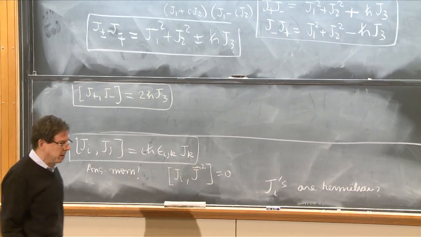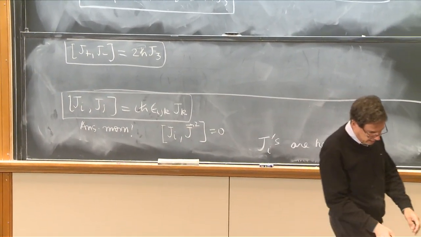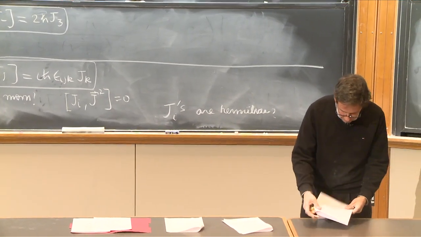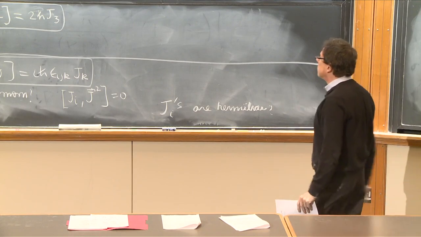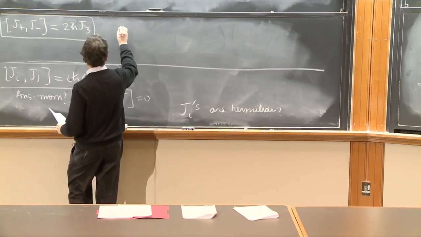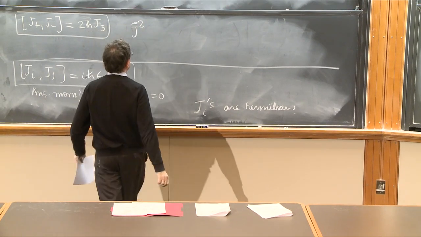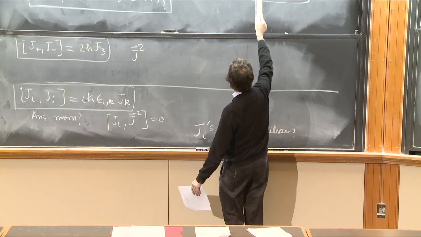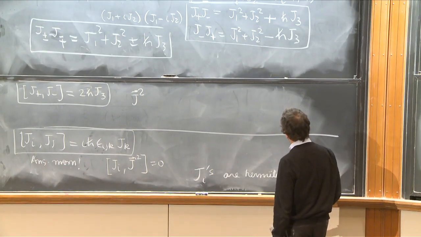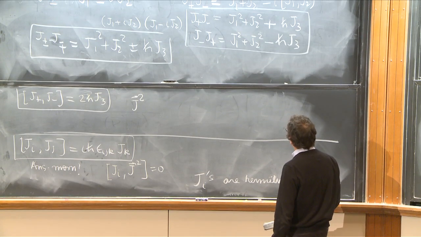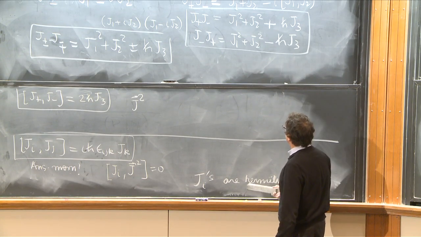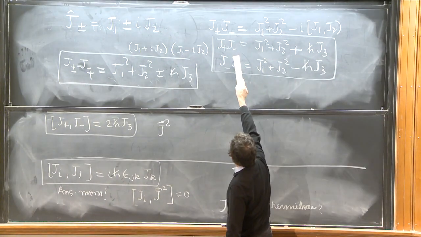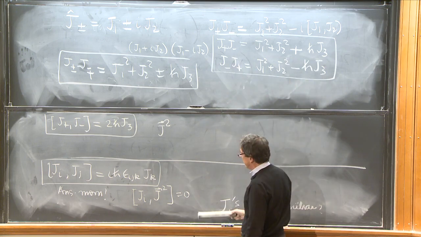And finally, one last thing that we like to know is how to write J squared. So J squared is J1 squared plus J2 squared plus J3 squared, which didn't show up here. So we might as well add it and subtract it. So I add a J3 squared on the left-hand side and pass this term to the other side.